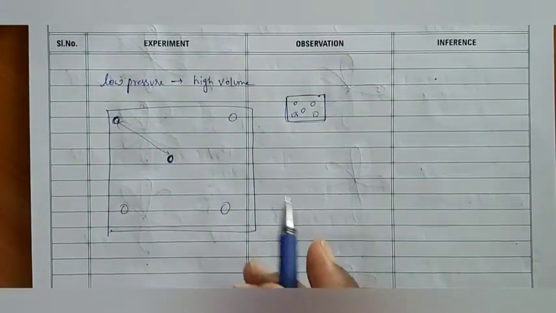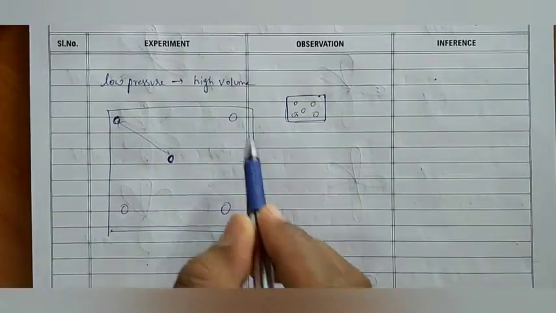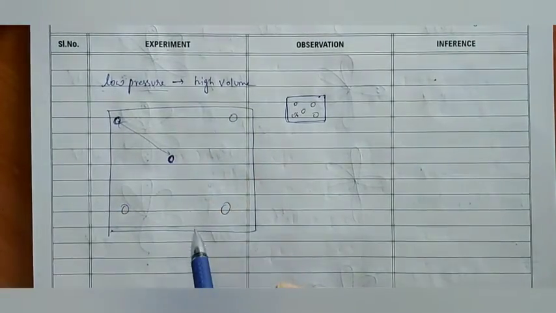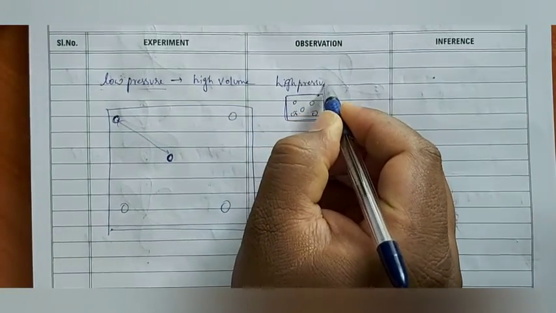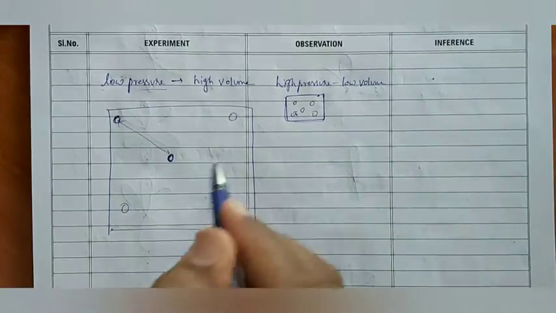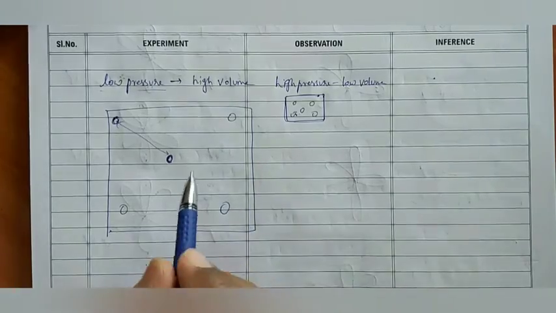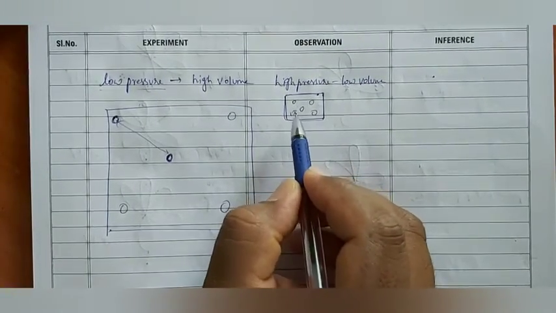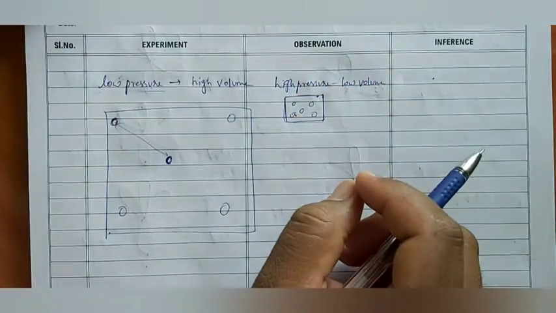We have taken 2 conditions here. This is the volume of the container very high. In this condition, see, low pressure, high volume. This is high pressure, low volume. I am not changing the number of molecules. Now coming to this one, the molecules are very near to each other, so they will be attracted strongly.